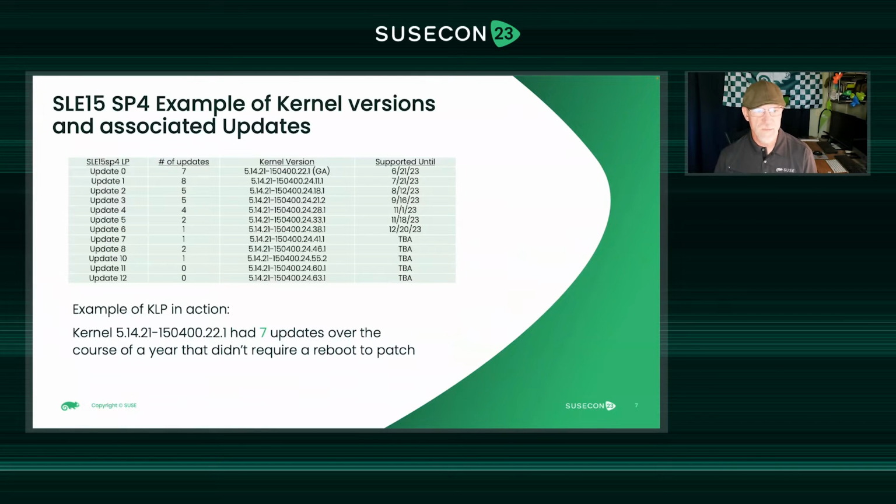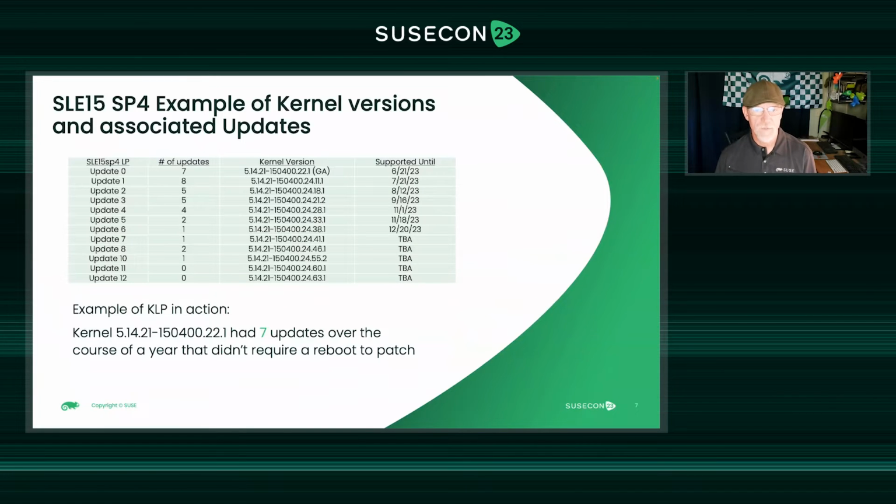This is an example, like I was talking about. This is looking at SLE 15 SP4, the original GA kernel, the 22.1 with the tail end there. It was supported, and it's going to be supported until June 21st, which is the week here of SUSECon. And so far, there have been 7 updates that I was able to count.